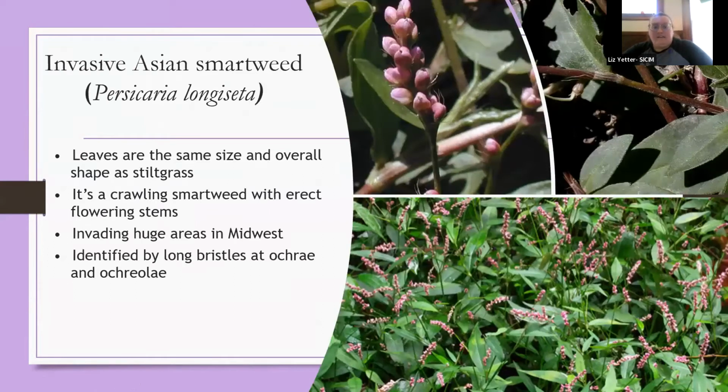Next, another invasive plant that sometimes grows in similar areas, but once it's fruiting does look quite different from our stiltgrass. It's Asian smartweed. Without the fruits, the leaves and a patch of this can look very much the same. So the big thing is, you can see here the flower, it's got a very showy pinkish purple flower that sticks up erect above the plant.